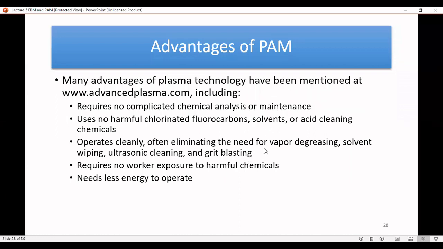So the cut is clean, and you don't need secondary operations to finish the machining process. It requires no worker exposure to harmful chemicals. It needs less energy to operate, relatively compared to the other methods.